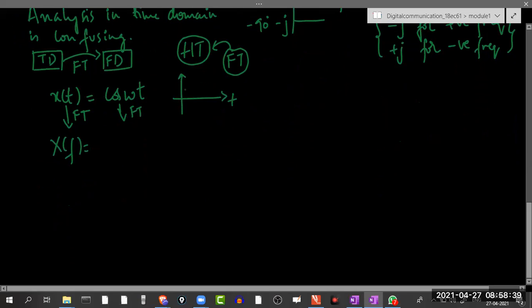It starts at angle 0 where its amplitude is 1, and at 90 degree it reaches 0. This is one full cycle. This angle is 2 pi radian or 360 degree. So this is the cosine function cos omega t. The same cos omega t in frequency domain will look like this.